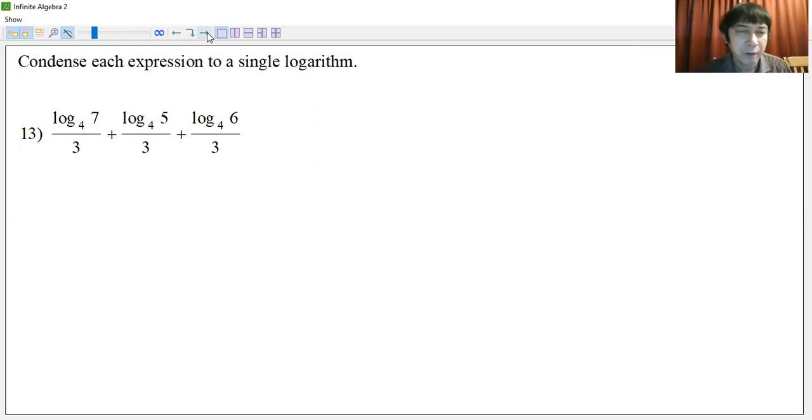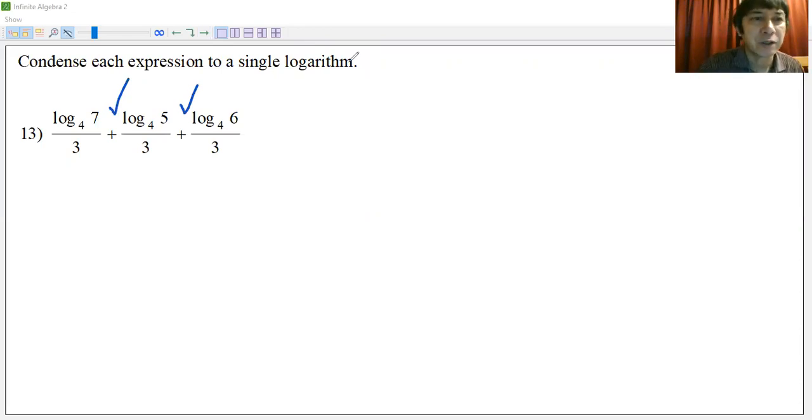We have here added logarithms. So we have logarithm of 7 plus logarithm of 5 plus logarithm of 6, and these are all divided by 3. Okay, all right, so these are all plus. You can see here a plus, and that means we will have a product, okay, not a ratio. So this will be a product.